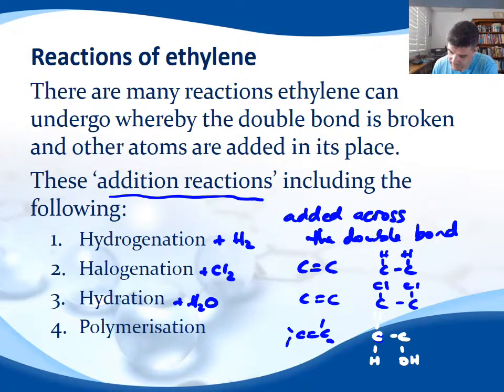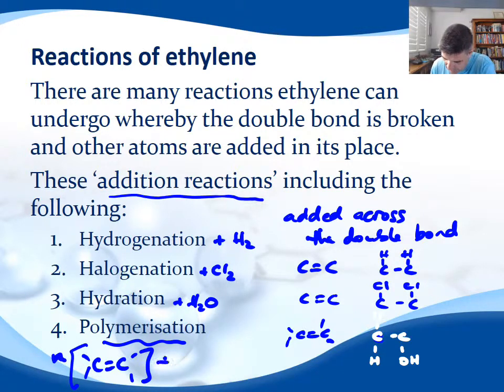And then in the last case, for polymerization, well, that's when we get things like polyethylene. So in this case, we have a certain number of these, n, and they're going to produce an endless number of chains of each of these carbons where the double bond has been broken, and we now just have single bonds as the polymer is being produced.